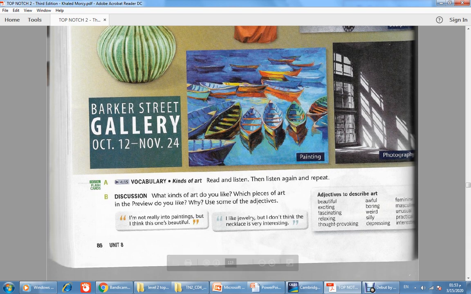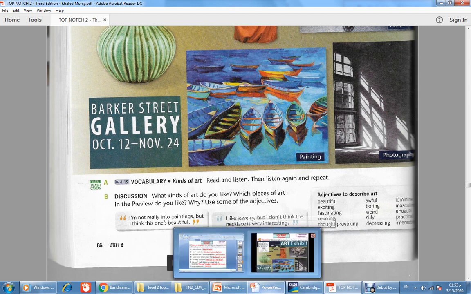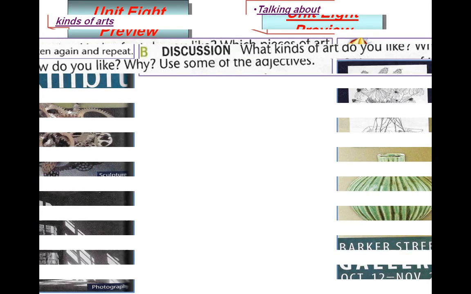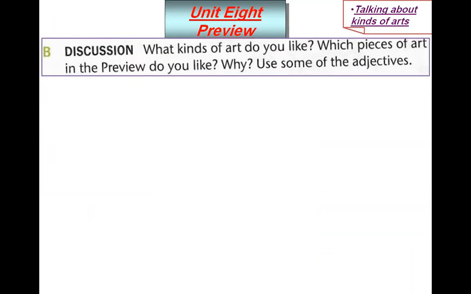Okay, now B, what kinds of art do you like? If we go to this, what kind of art do you like? So I can use this expression: I am really into painting. It means I like it.